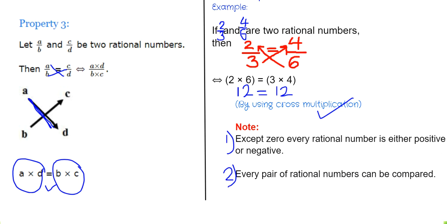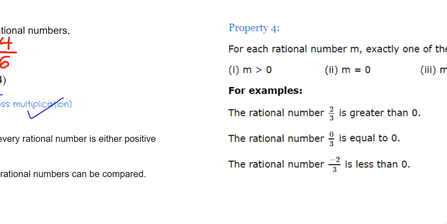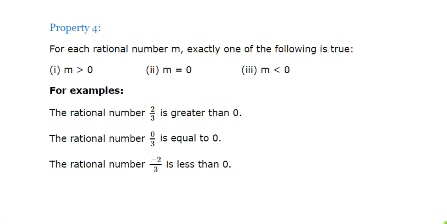Now let us learn about the next property of rational numbers. Property 4 says for each rational number m, exactly one of the following cases is true. Either m can be greater than 0, or it can be equal to 0, or it can be less than 0. Let us see a few examples. If I talk about the rational number 2 upon 3, obviously it is greater than 0.